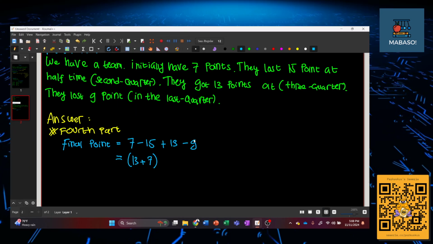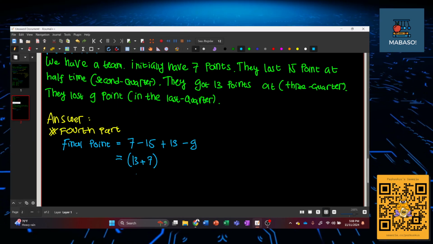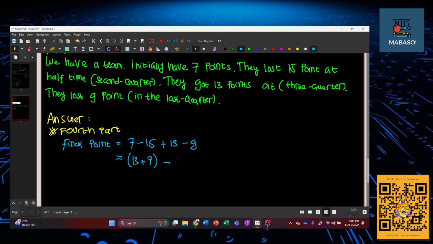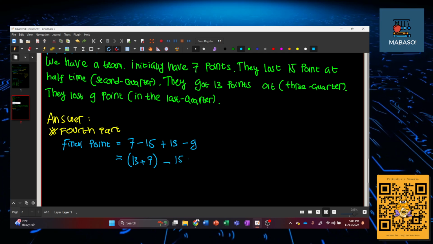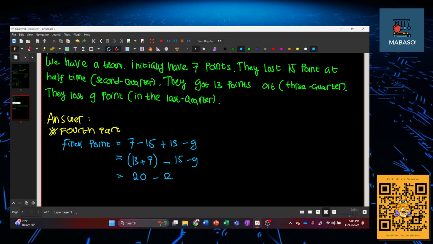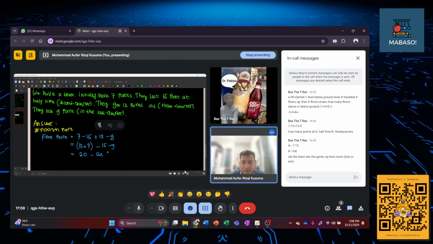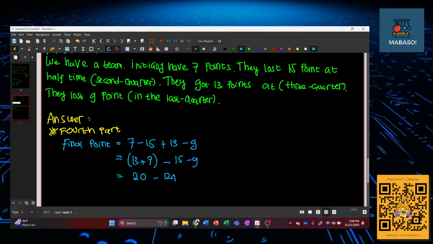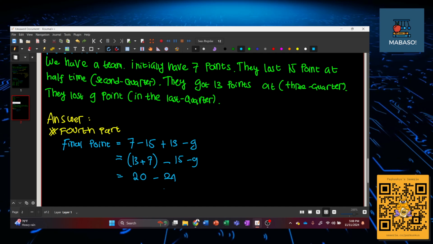We could gather the positive terms and then gather all the negative terms. Positive is 20 and negative is 24.